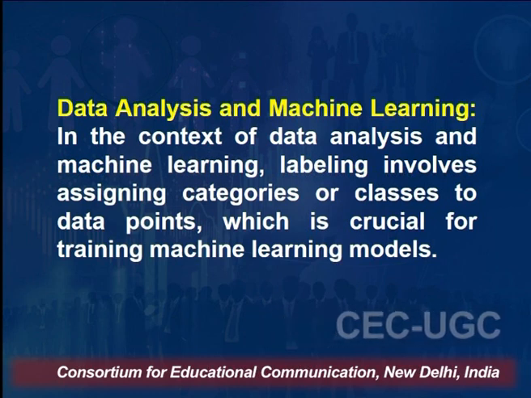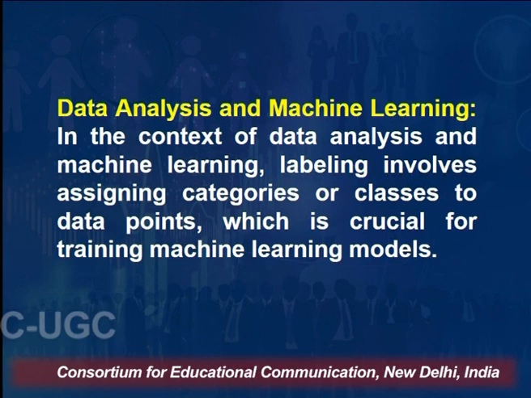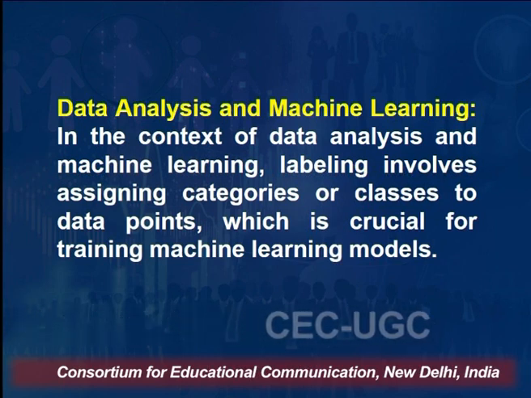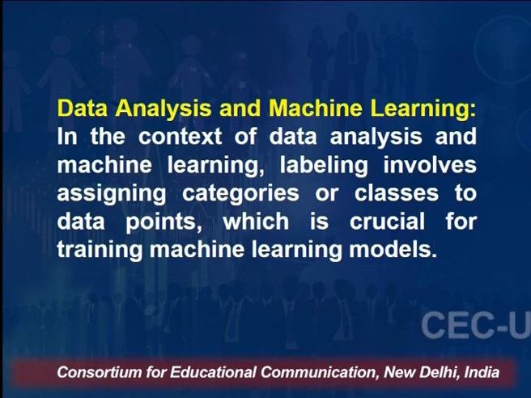In the context of the data analysis and machine learning, the labeling involves assigning the categories or the class to the data points, which is very crucial for training the machine learning models. Now these functions demonstrate the diverse roles that labeling plays in the different domains, from marketing and the consumer information to psychology, sociology, and also the data analysis.